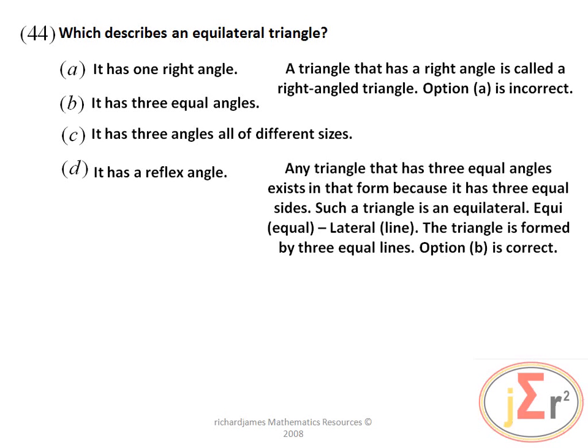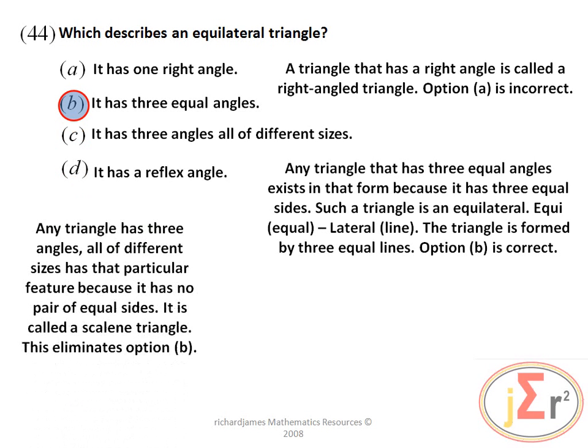Such a triangle is an equilateral triangle. Equi has to do with equal and lateral has to do with line. The triangle is formed by 3 equal lines or 3 equal line segments. Option B is correct.